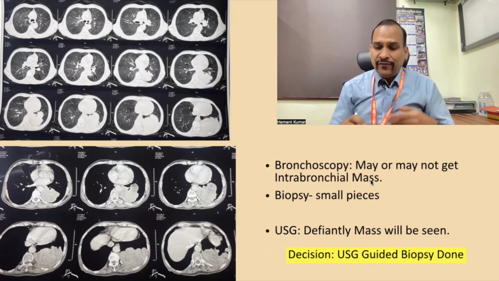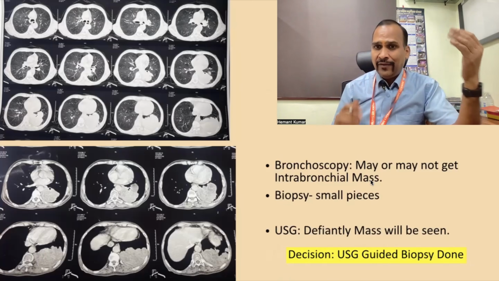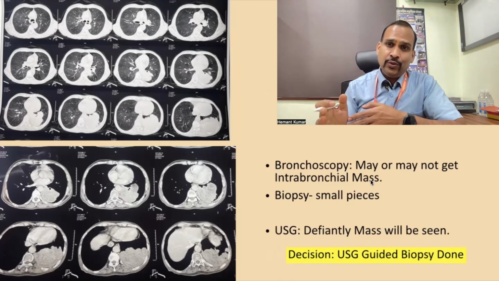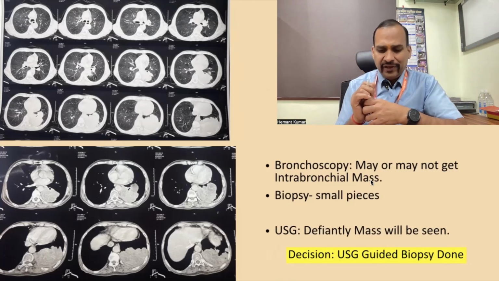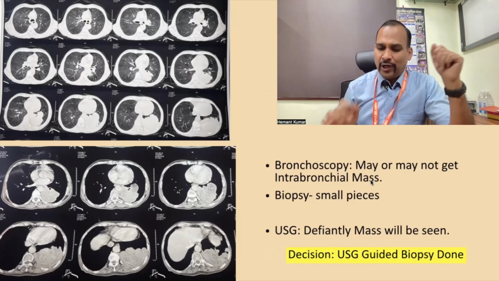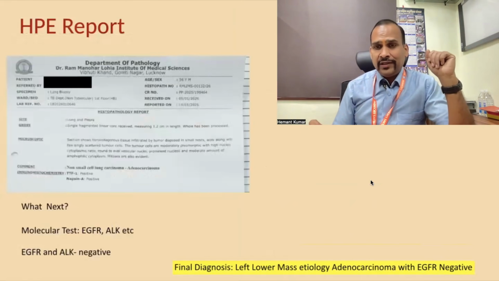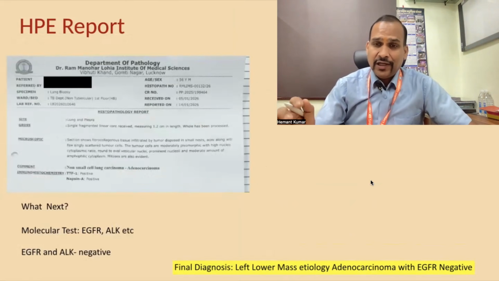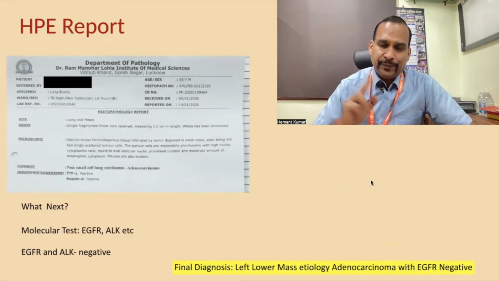So if you have both choices, then I would go for ultrasound guided biopsy. Bronchoscopy is not comfortable for the patient as compared to ultrasound, which is more comfortable for the patient. So definitely we did ultrasound guided biopsy. So remember one thing, when you are doing a biopsy, any biopsy, you have to take at least two samples.